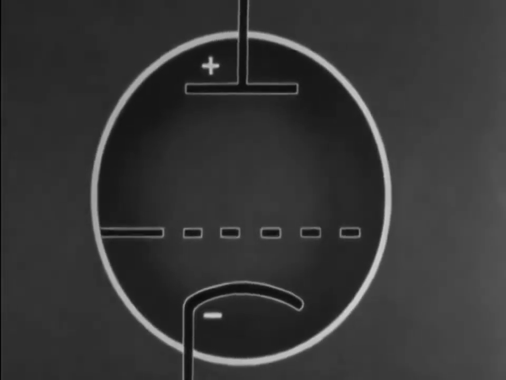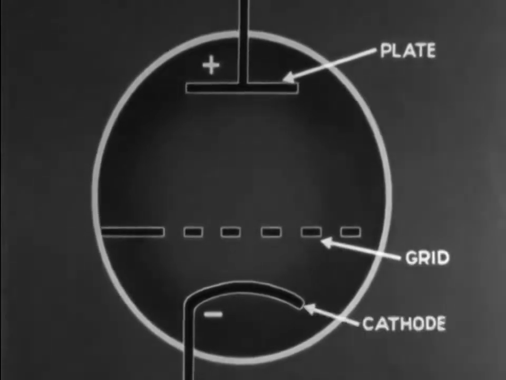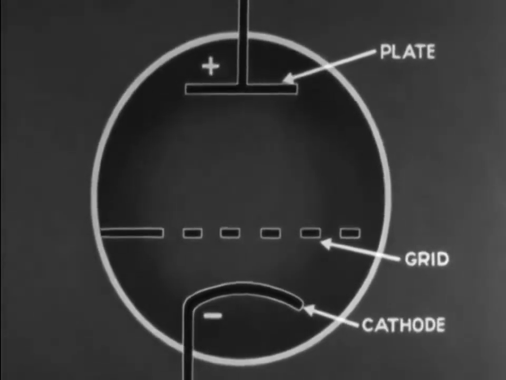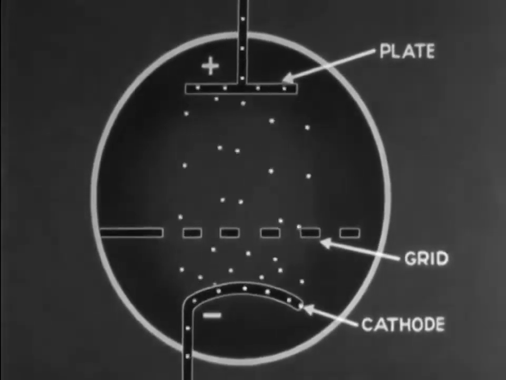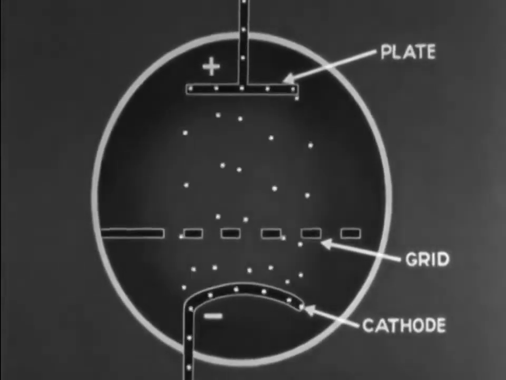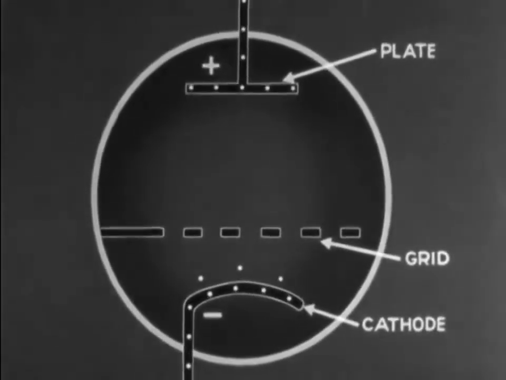The simple triode tube contains but the 3 elements: plate, grid, and cathode. The principal electron flow in the tube is from cathode to plate. Electrons reaching the plate at high velocity strike other electrons, knocking them off the plate.